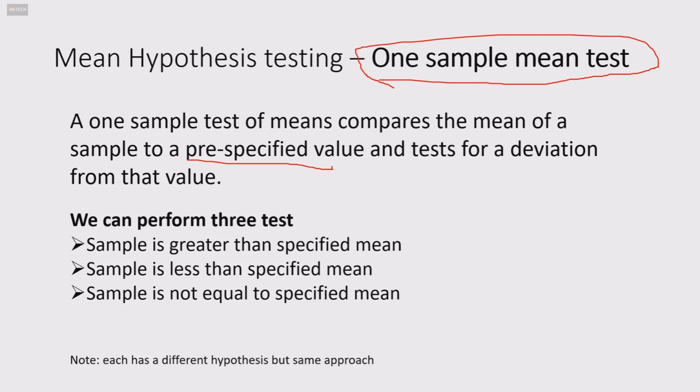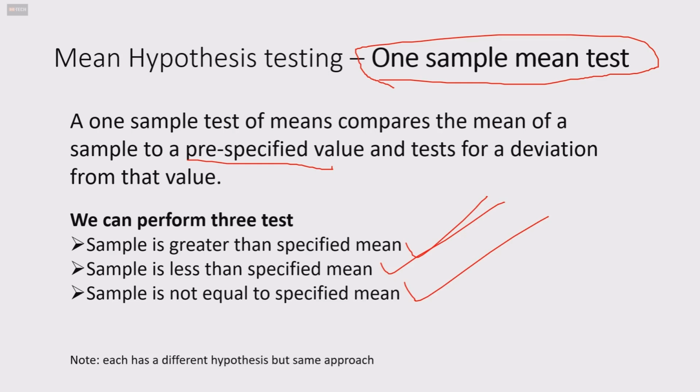Now, the first one is greater, the second is less than, but for this one you are not sure whether it's greater than or less than, all you are testing is that it's not equal to this value. Is that okay? So those are the three scenarios you can have: first scenario, greater than; second scenario, less than; and third scenario, not equal to.